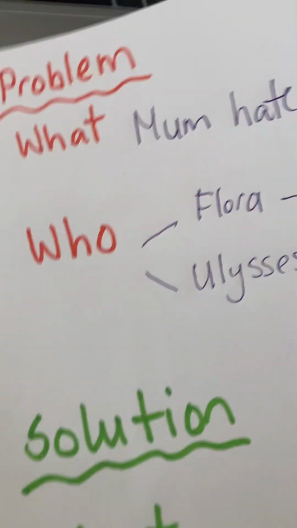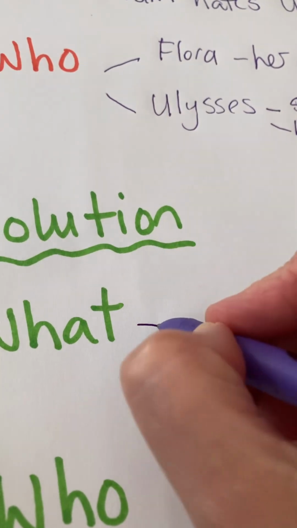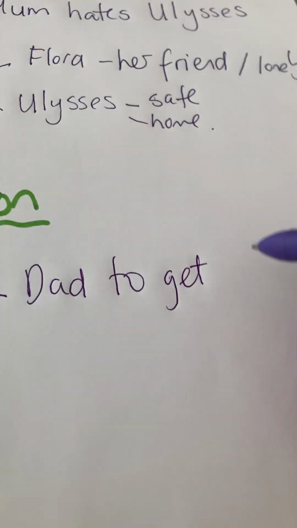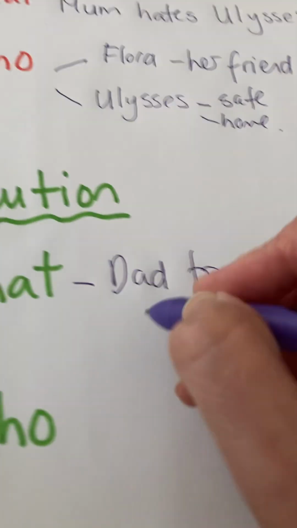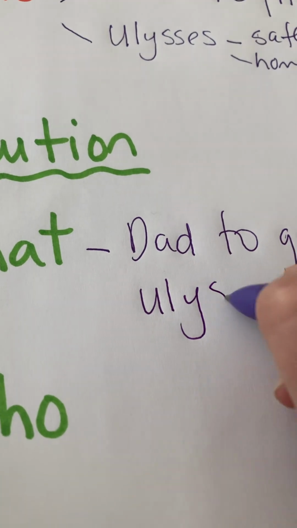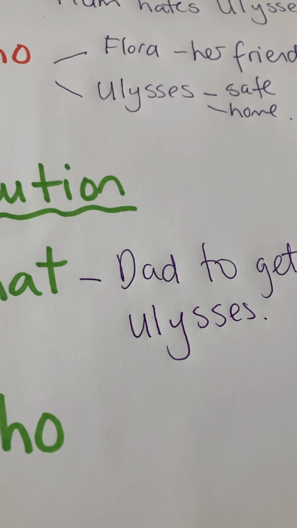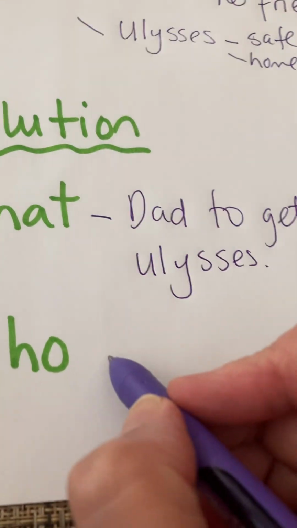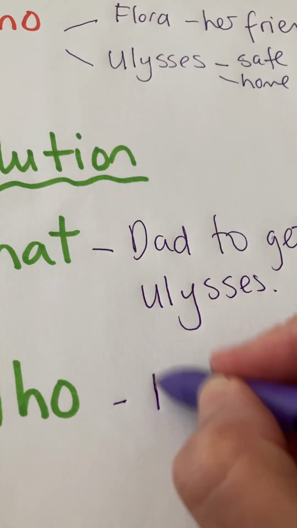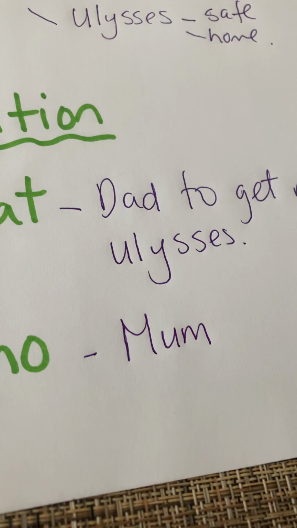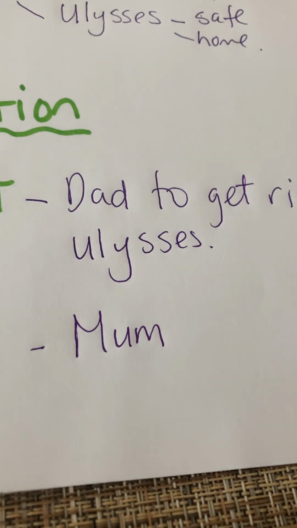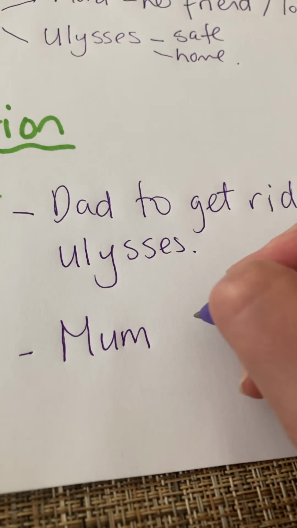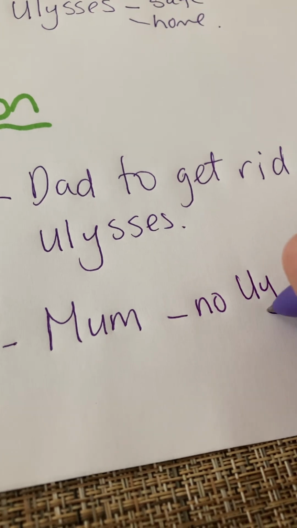Okay, so what's the solution? The solution is Dad to get rid of Ulysses. So who's that a solution for? That's a solution for mum, because Ulysses is out of her house, so no Ulysses.